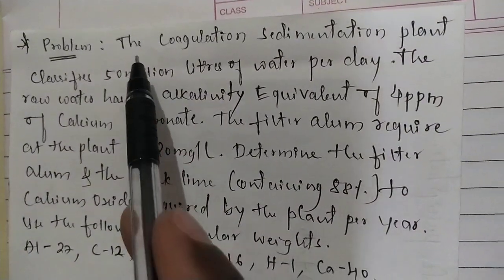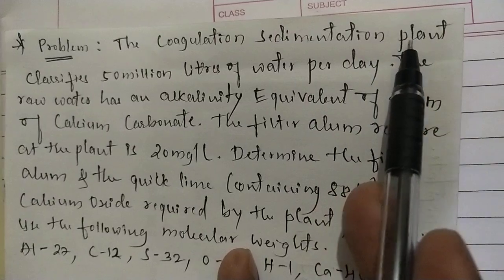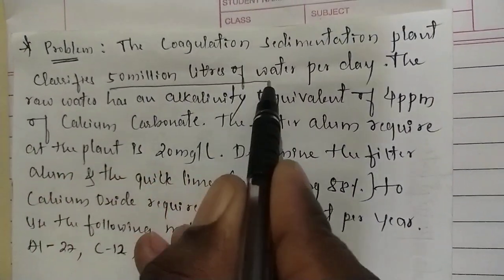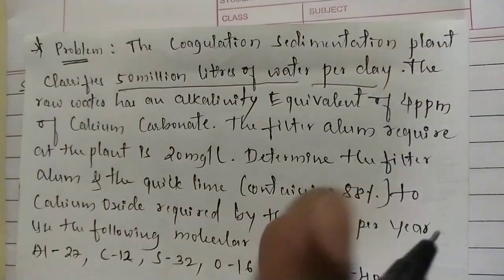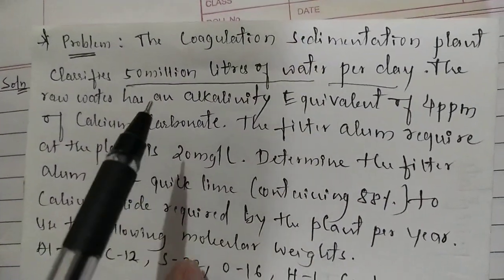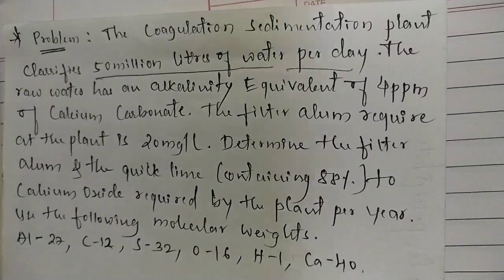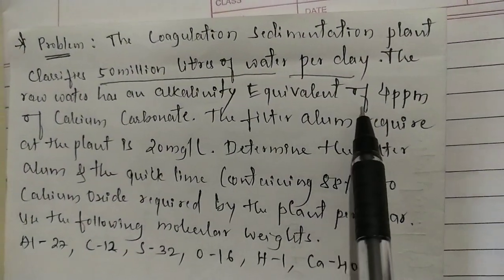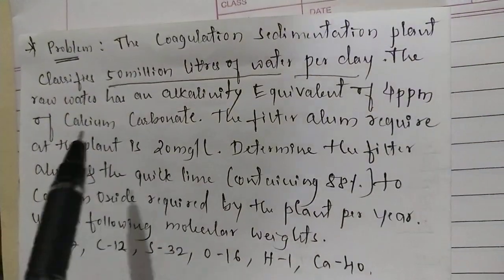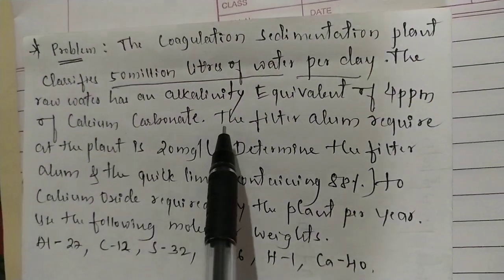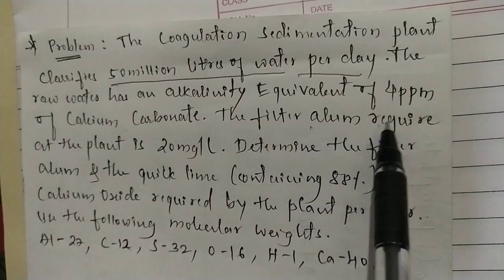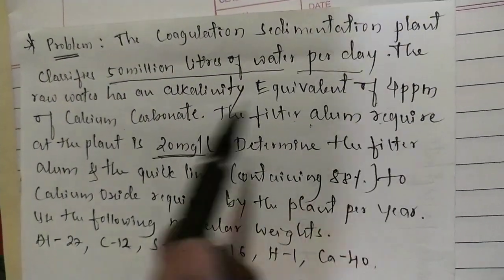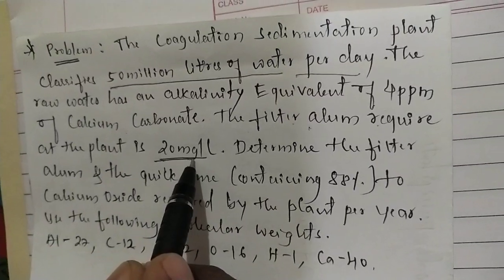The coagulation sedimentation plant clarifies 50 million liters of water per day. Per day, 50 million liters of water is clarified in this sedimentation plant. Next, the raw water has an alkalinity equivalent of 4 ppm or 4 mg per liter of calcium carbonate. The filter alum required at the plant is 20 mg per liter.